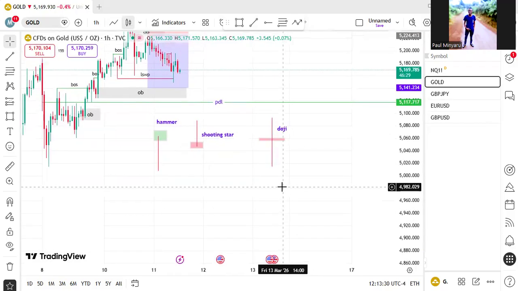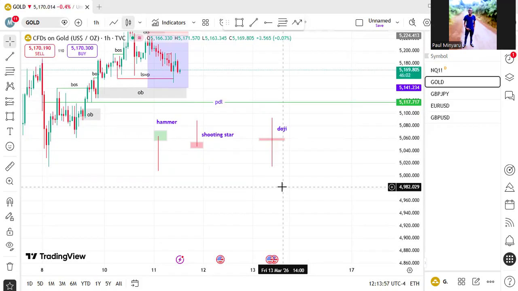Then we have what we call an engulfing pattern. What is an engulfing pattern? An engulfing pattern candlestick. In candlestick trading, an engulfing pattern is a two-candle reversal pattern that signals a possible change in market direction.